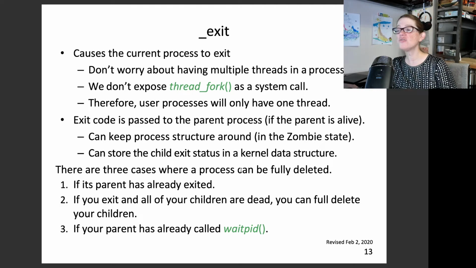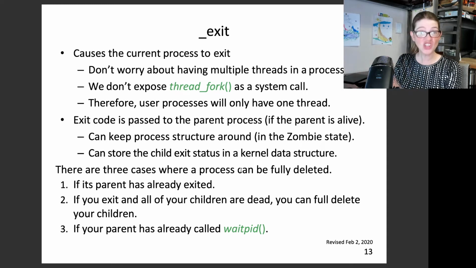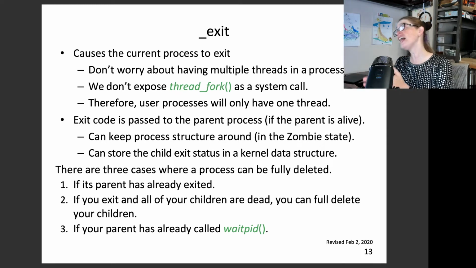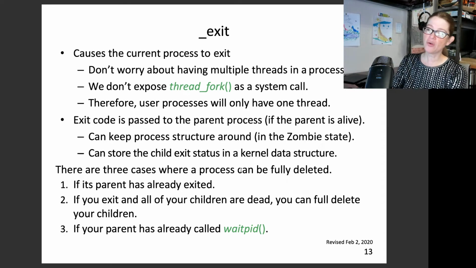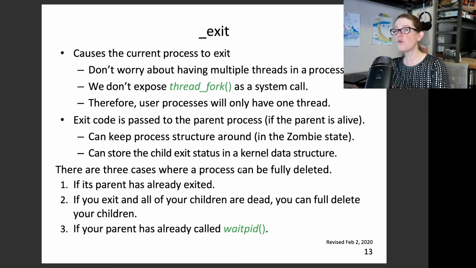And the exit code will be the argument that you have passed through exit, because exit takes a parameter. So if your parent is alive, not a zombie, but actually alive, you are going to keep the exit code and the exit status message for that child process. And if that parent is sleeping, waiting on you to terminate, then you should also wake them up.